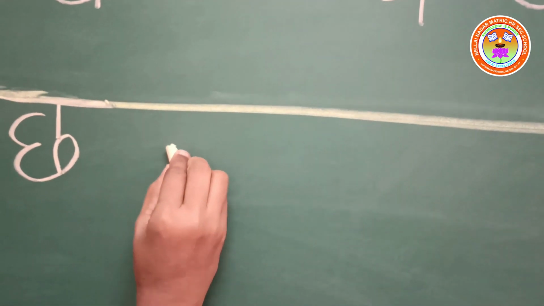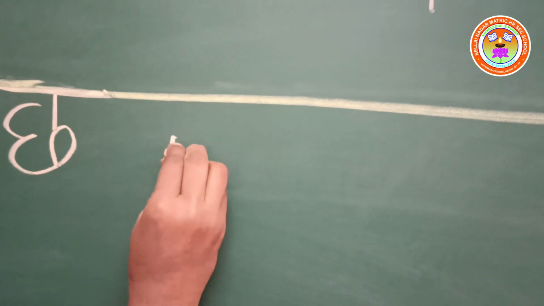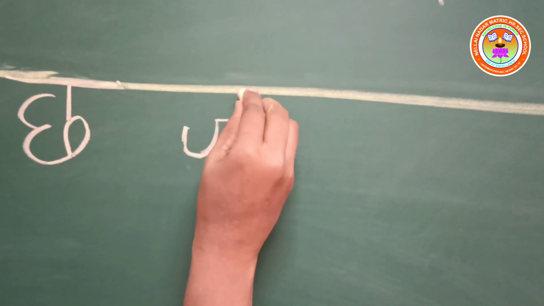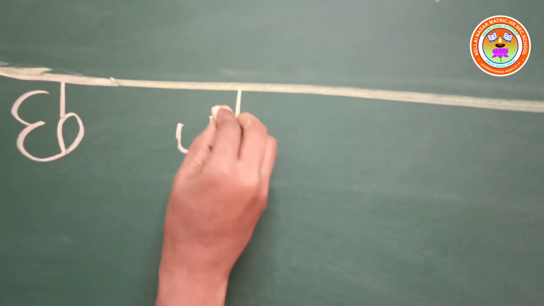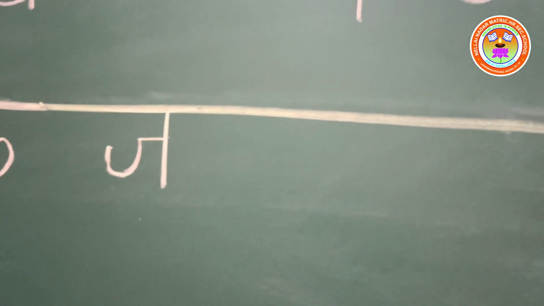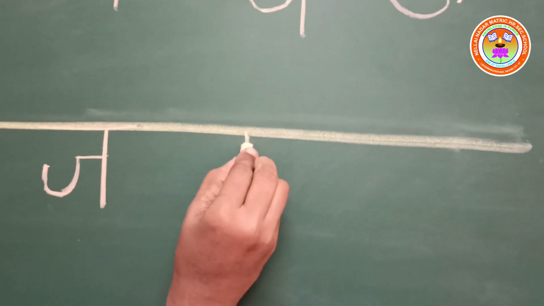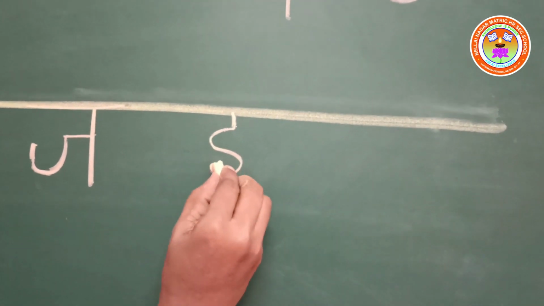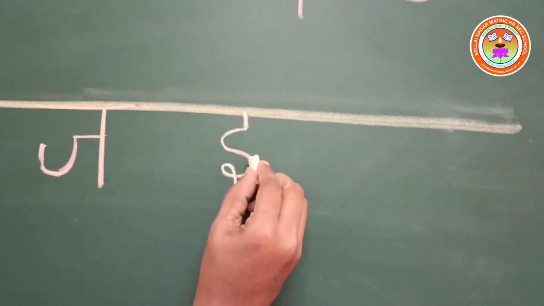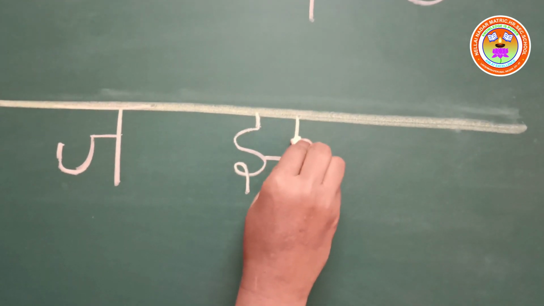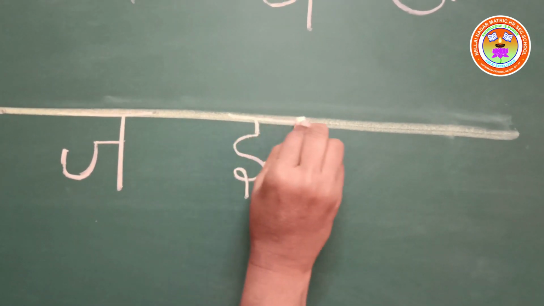Draw a small U curve, a sleeping line, a straight line and a sleeping line on top of it, children. J. Draw a small line, an S curve, bring it down like a hoop and a sleeping line that joins it and a straight line and the sleeping line on top of it.